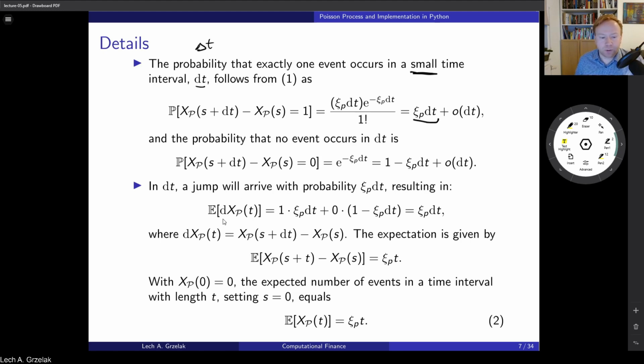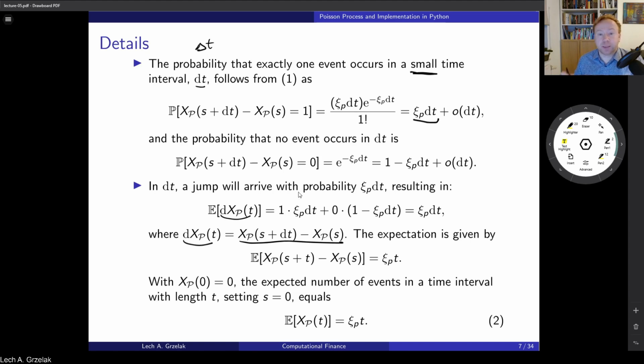Here we have used a shorthand notation, dXp, which is essentially the number of jumps: the difference between the number of jumps at point s plus dt minus Xp at s. This is what we substitute here, and for the expectation we have 1, because we have one jump, times xi p dt.